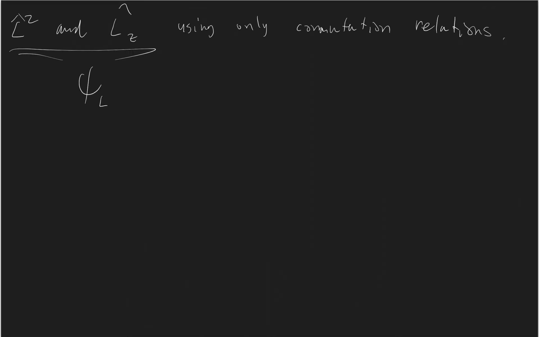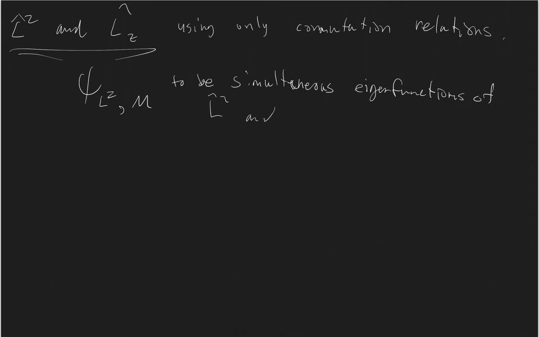So let's look at the psi. We want to find the eigenfunctions for the angular momentum, and for some m, we want these to be simultaneous eigenfunctions of L hat squared and of L sub z.